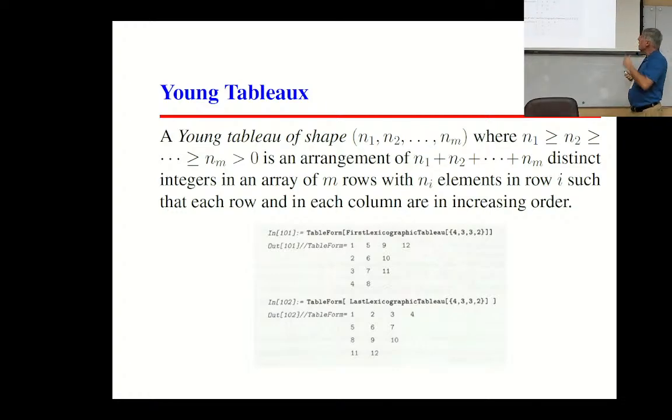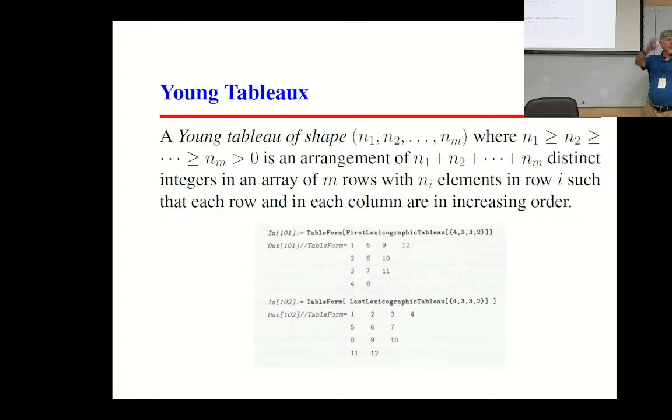It is going to be a set partition in that, if we have a partition here of 4 pieces, it's going to break the numbers from 1 to 12 into 4 subsets, where the first subset is going to be of size 4, the second subset is going to be of size 3, the third subset is going to be of size 3, and the last subset is going to be of size 2. Okay, do you kind of see sort of what we're doing?